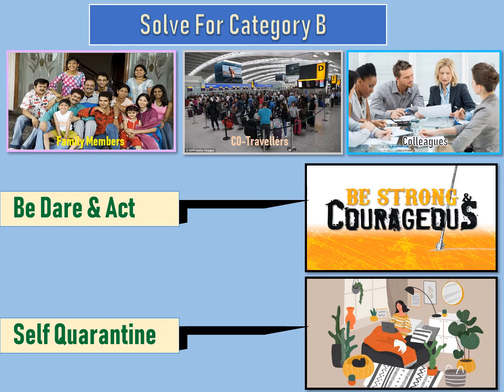That is the reason they need to adopt self-quarantine. Hence, they can do their own work without getting any exposure to others or to the outside, and of course, with the proper precautions and steps.